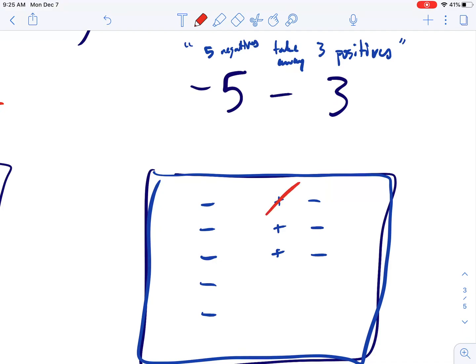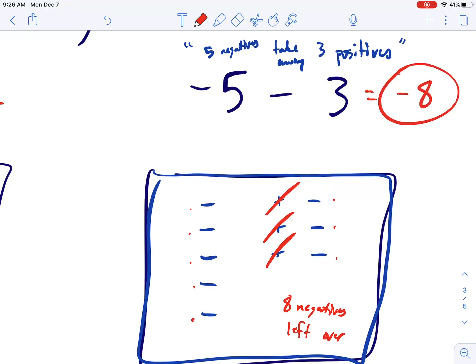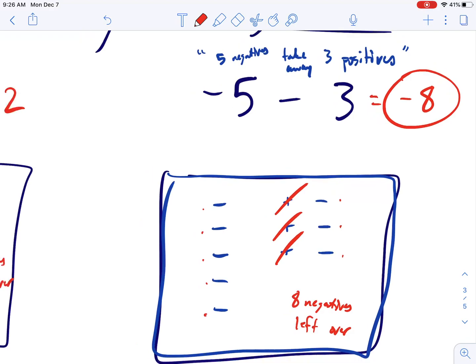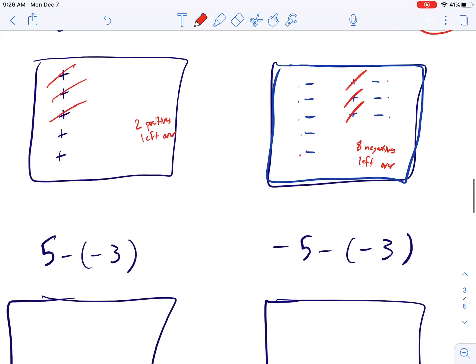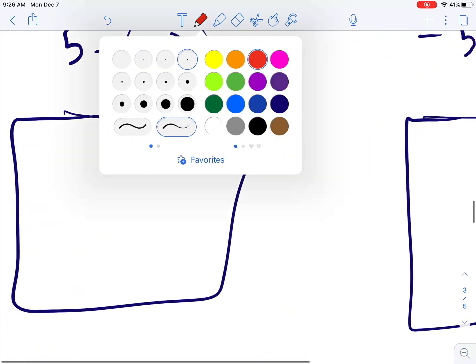So we're taking away 3 positives, right? 1, 2, and 3. And we ask ourselves, what's left over? We have 1, 2, 3, 4, 5, 6, 7, 8 negatives left over, right? So that means our answer is negative 8. That one is really tricky. So remember, adding in those 0 pairs is how you can add in something you're missing without changing the value, all right?